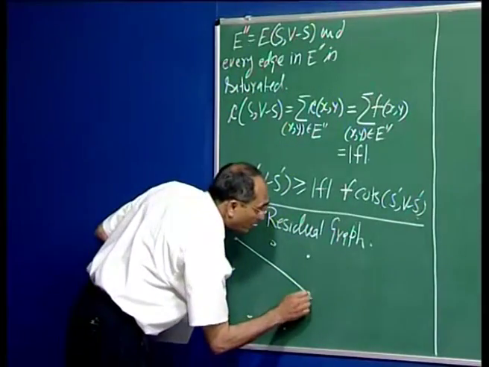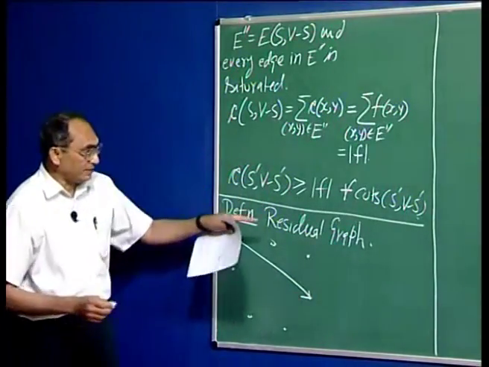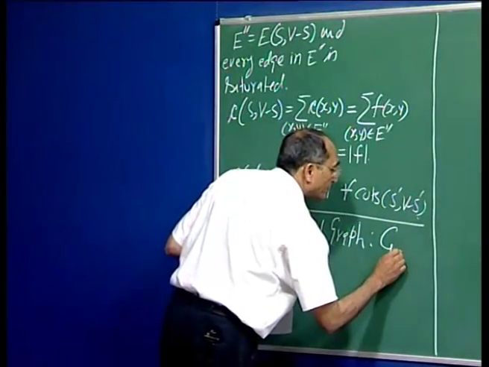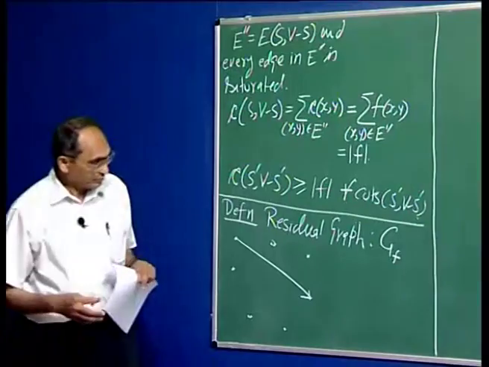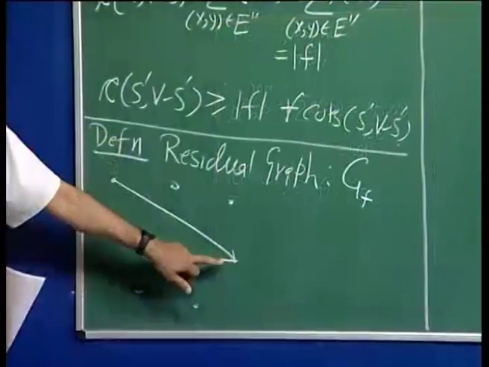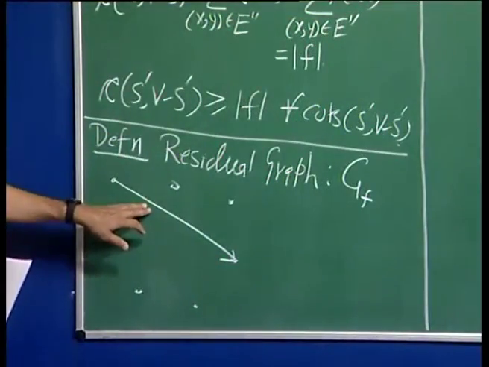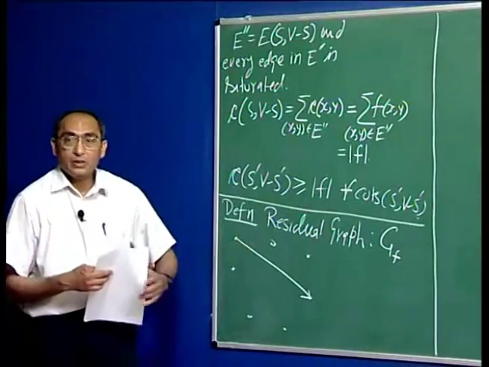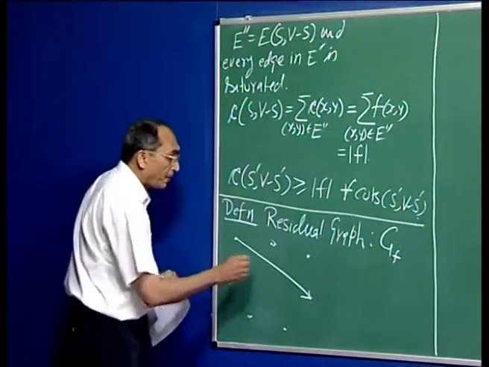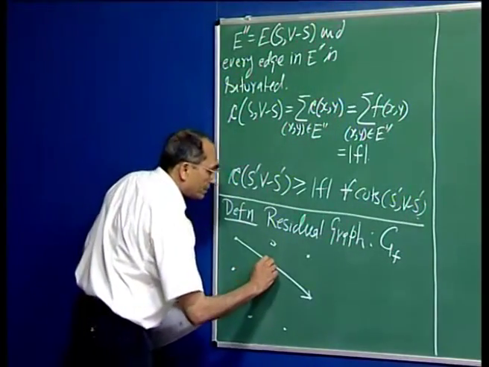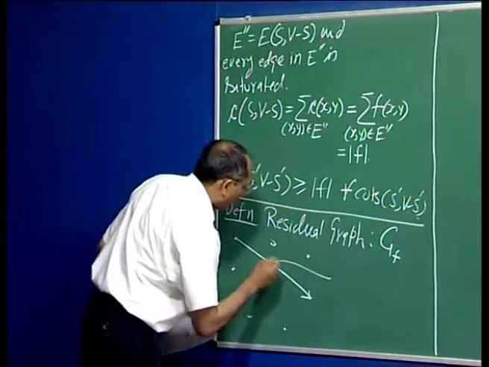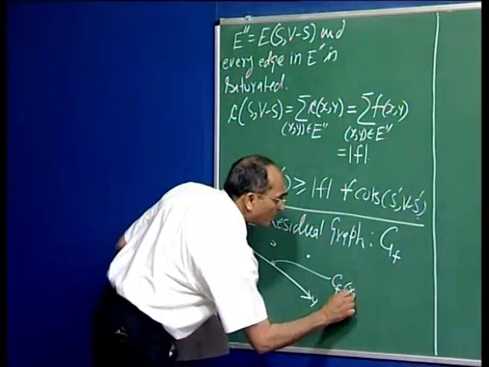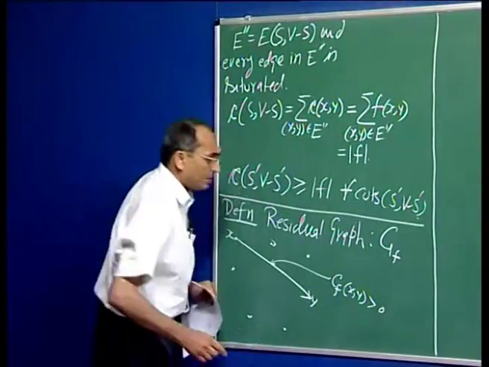Then I am going to put a directed edge in the residual graph, which I will call G F, if the residual capacity of this edge in the flow is positive, that is, if Cf of x comma y is strictly positive.